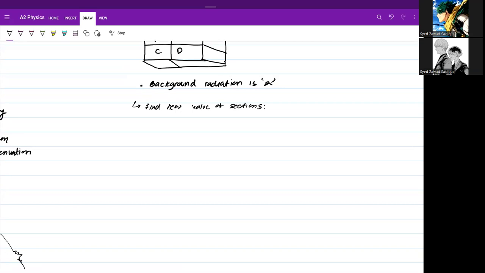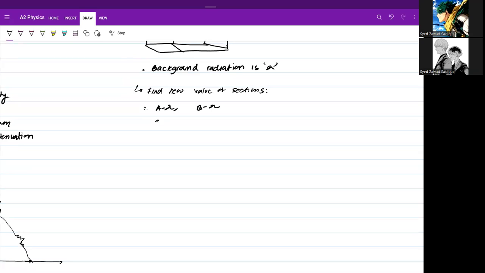Therefore, what you do is A minus X, B minus X, C minus X, D minus X. You will subtract and then you will simplify.